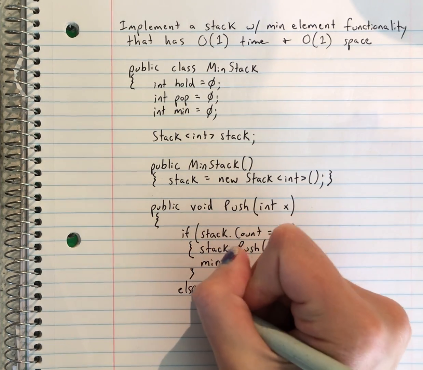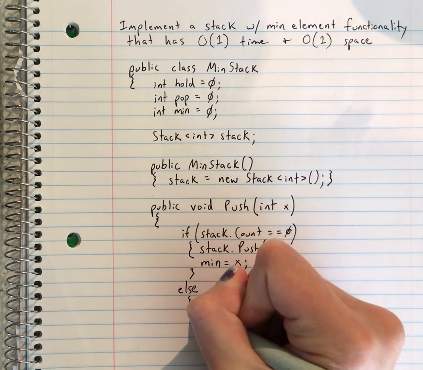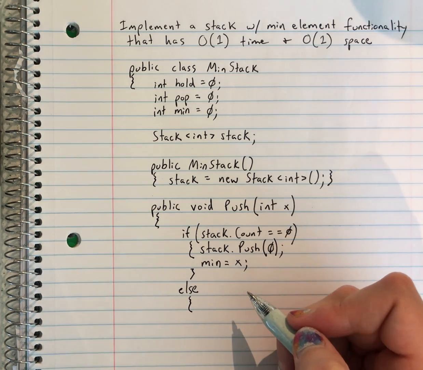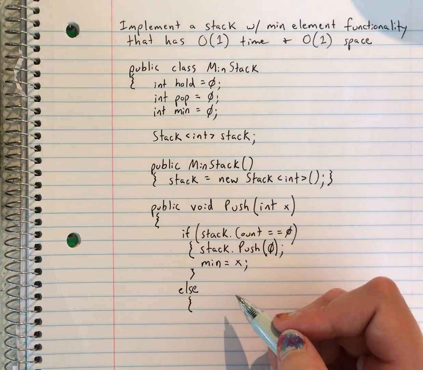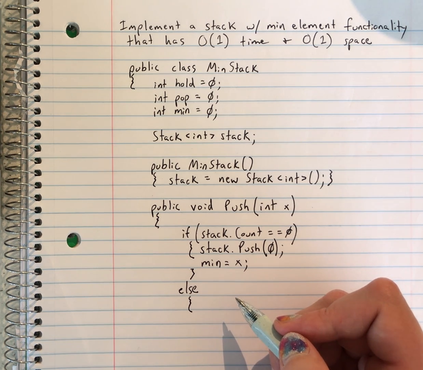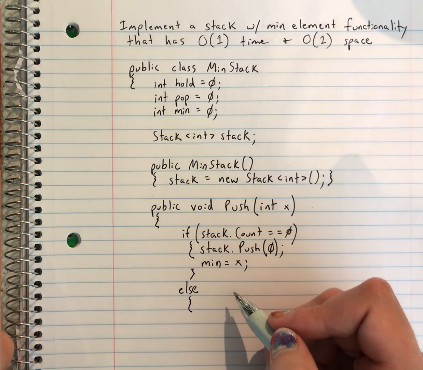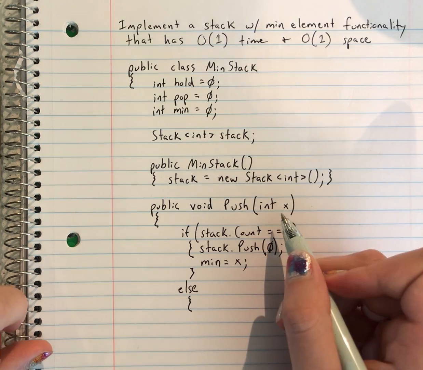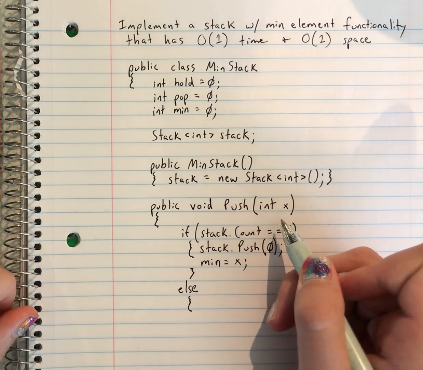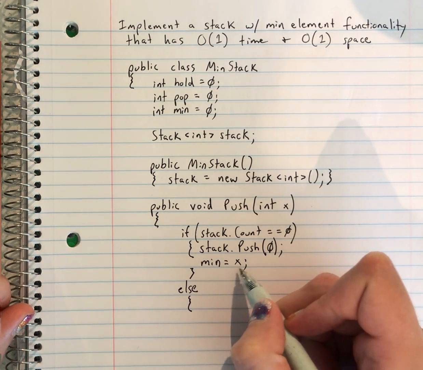Else, if the stack is not empty, we'll store the difference between the input x and the current minimum value.